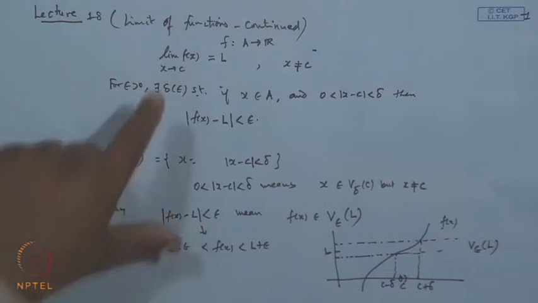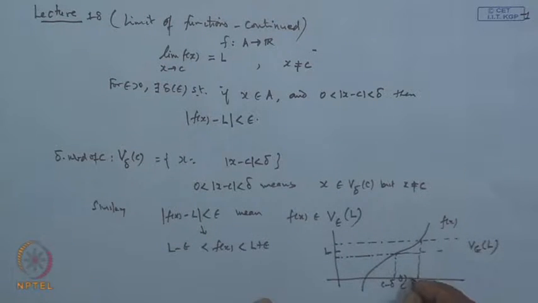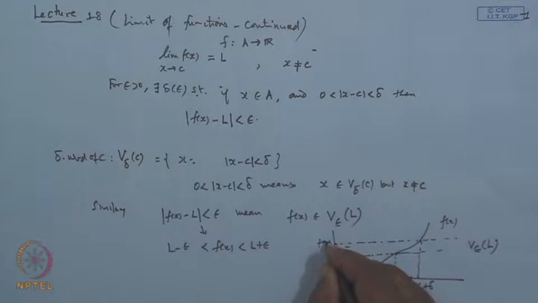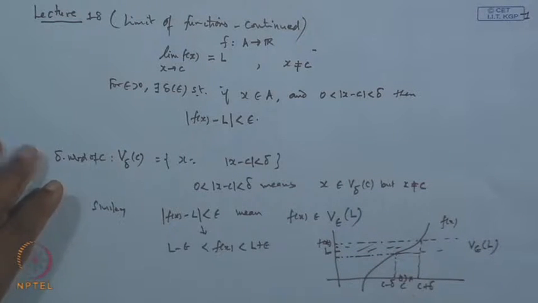Then what this limit says is, for any arbitrary point x which lies in this interval and is different from c, the corresponding image f(x) will always fall within this neighborhood. Then we say the limit of the function f(x) exists.